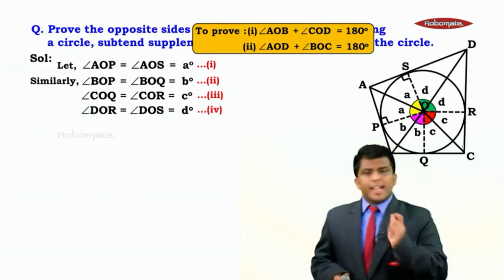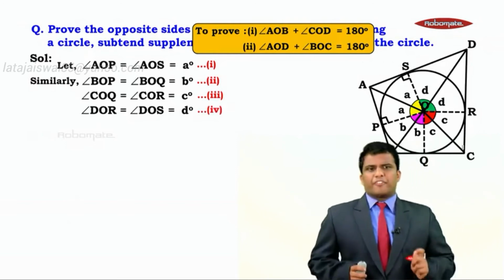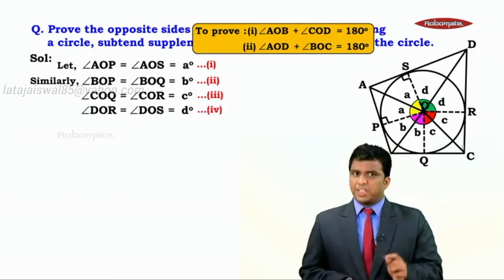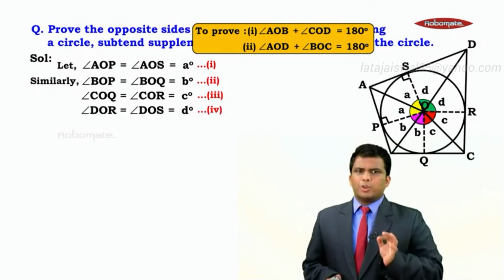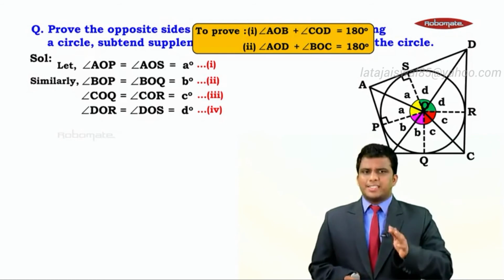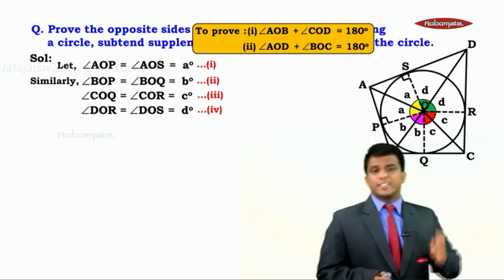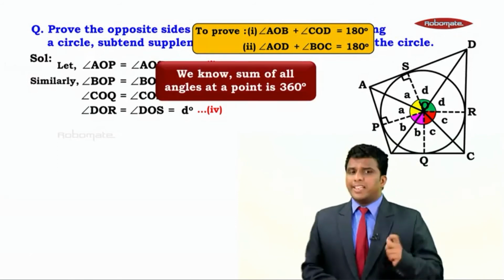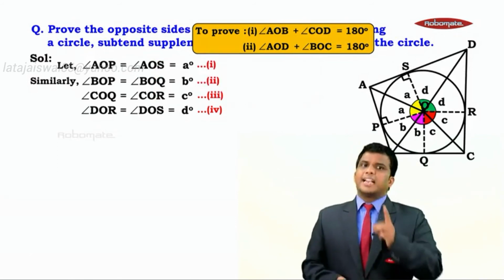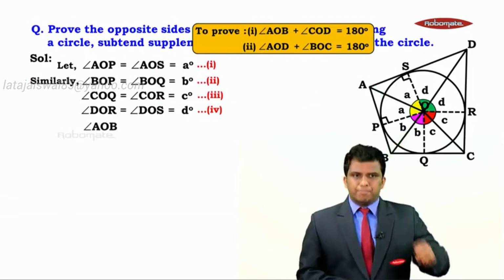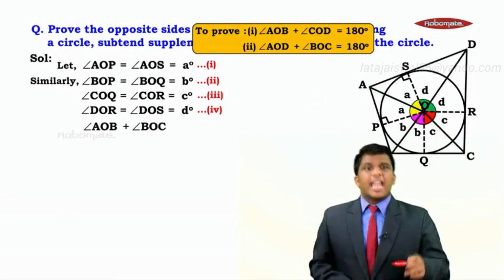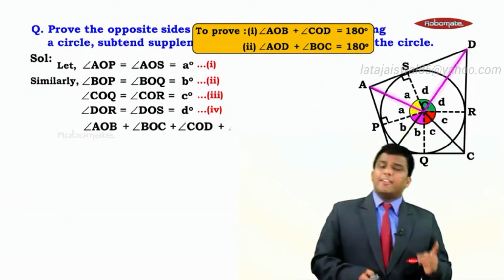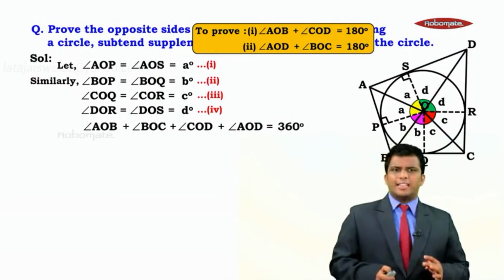Now what? As I said, for every variable we introduce, there has to be a certain relation. Over here, we have a point O around which we can see many angles having values A, B, C and D respectively. But the sum of all the angles at a point is 360. Here we'll specifically talk about four angles, that is angle AOB, angle BOC, angle COD and angle AOD. And we know the sum of all these four angles is 360.